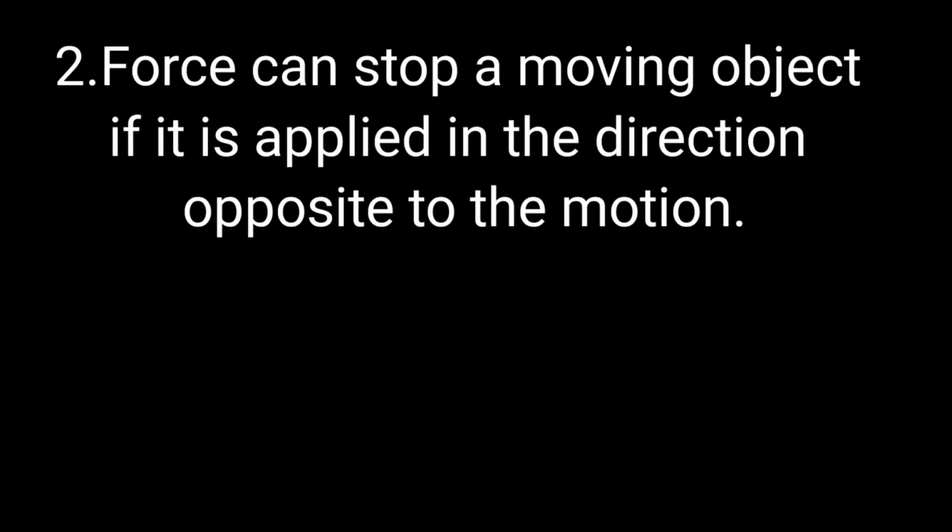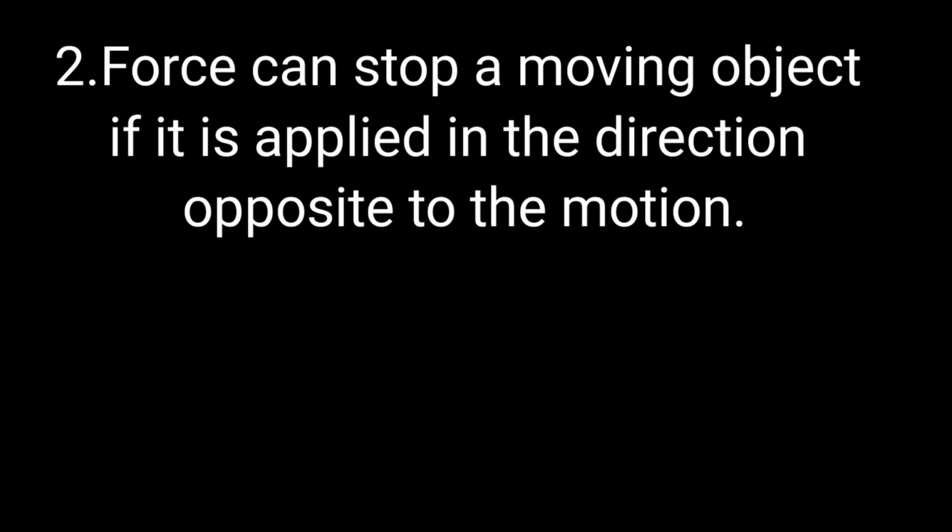Now what is the number two effect? Force can stop a moving object if it is applied in the direction opposite to the motion. When the object is moving, how will the object stop? If we apply the force opposite in direction to the motion of the object, it will stop. For example, a football being stopped by a goalkeeper.